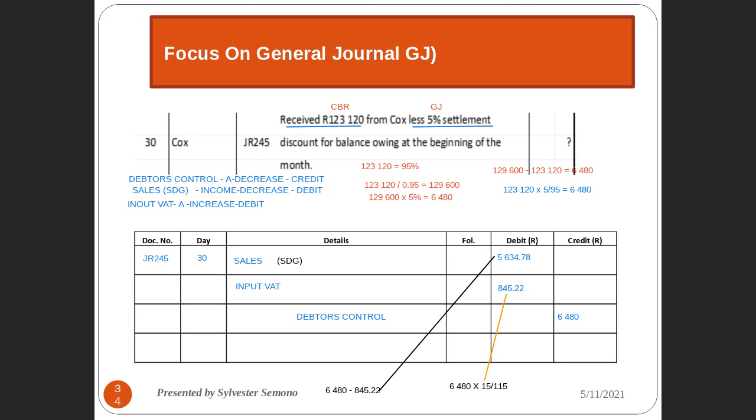Let's say, for example, I sell to you for 5,000 and I give you a discount of 500. Does this mean that my sales is 5,000? No. It can't be 5,000 because of the discount. So my sales will go down by 500 because I gave you a discount of 500. That's why sales is decreasing. And sales is an income. Incomes decrease on the debit side and they increase on the credit side.